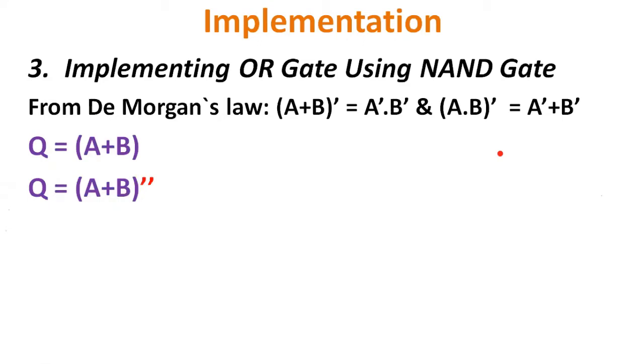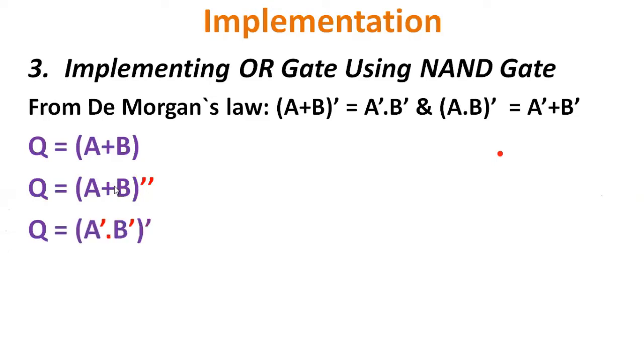So A plus B can be converted into, if you consider this first bar, it will be given separately to A and B. So it will become A bar dot B bar, and again the second bar will become the whole bar. I want to give the first single bar separately to A and B, then this plus will be converted into a dot sign.